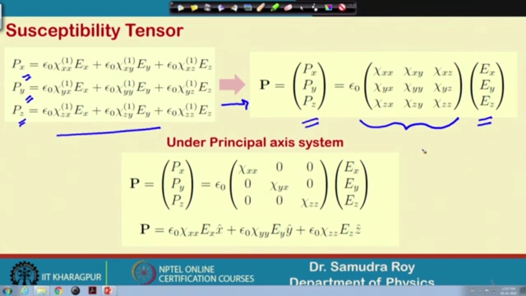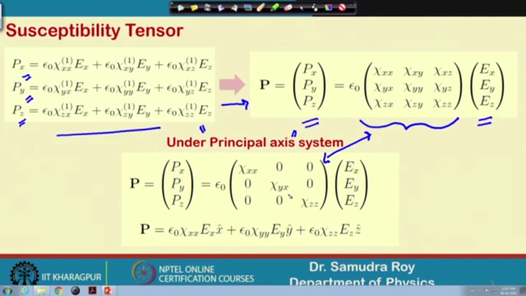In this case, if my coordinate system is a special coordinate system, which we call the principal axis system, we can diagonalize this matrix, which may be helpful, because when we diagonalize it, these 9 components are compressed to 3 different components and only the diagonal components are there. And this is a very straightforward technique.